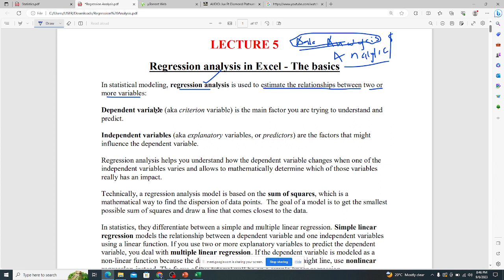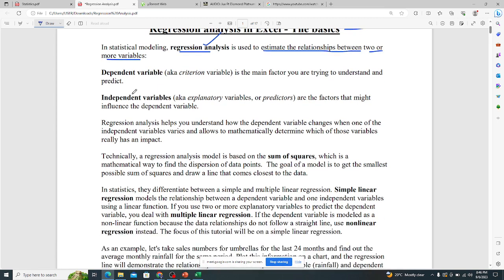All right, good. During our regression analysis class, we discussed the dependent variable and the independent variable. The dependent variable, also known as the criterion variable, is the variable we are trying to understand or predict.